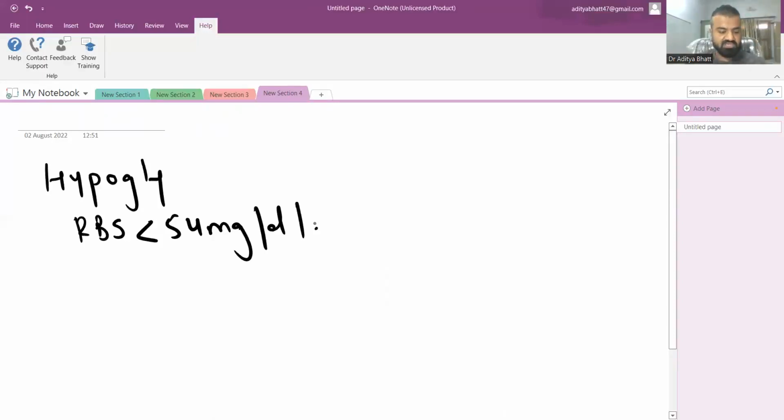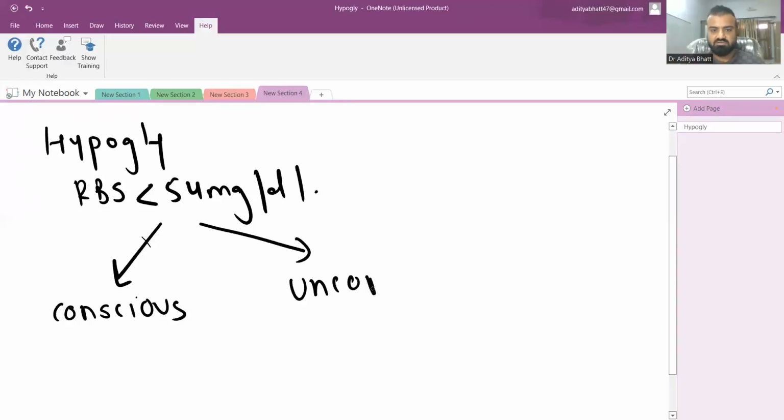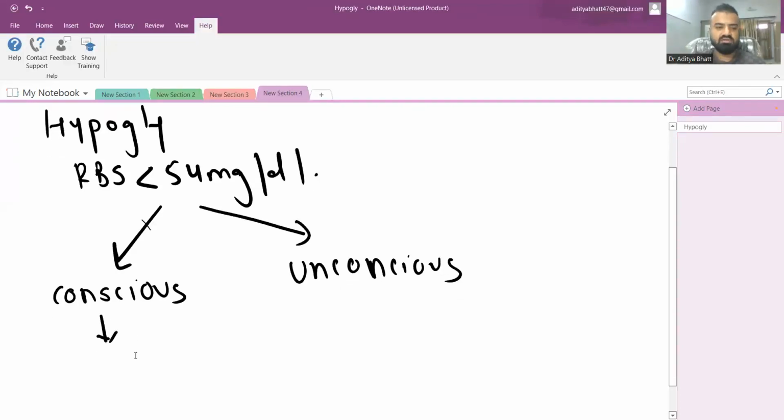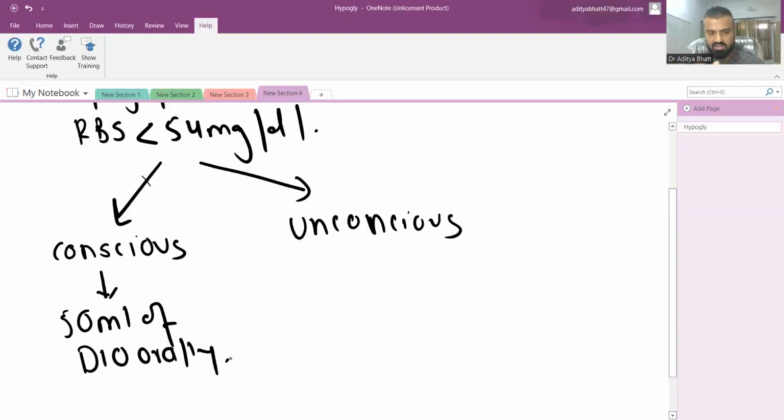So in a patient with hypoglycemia, if the RBS is less than 54 mg per deciliter, you have to determine whether the child is conscious or unconscious. If the child is conscious and taking well orally, then you can give 50 ml of D10 orally, and start the F75 feeding henceforth. So that is what you do if the child is conscious.